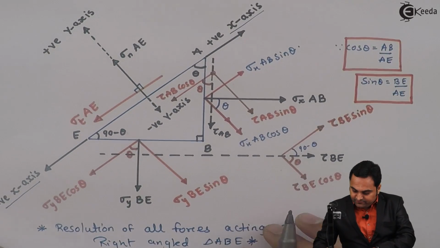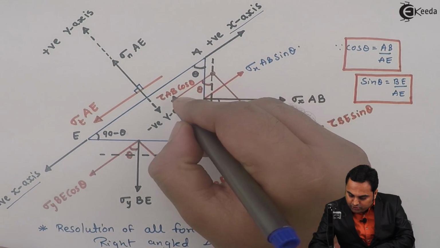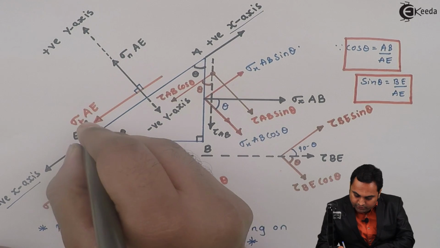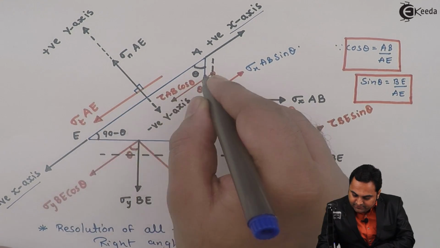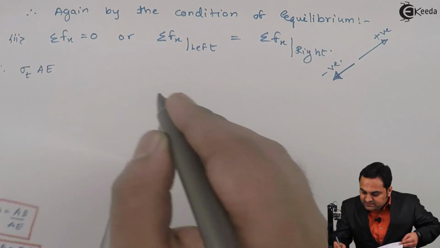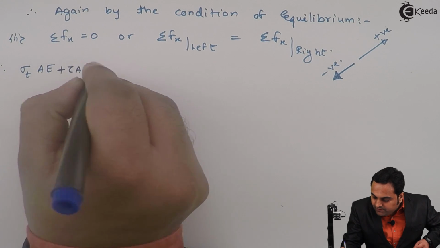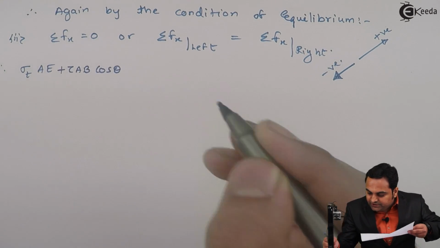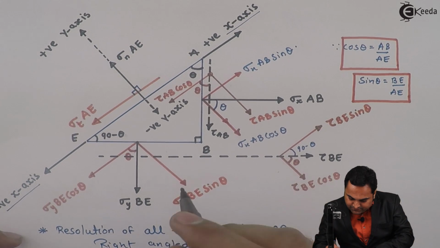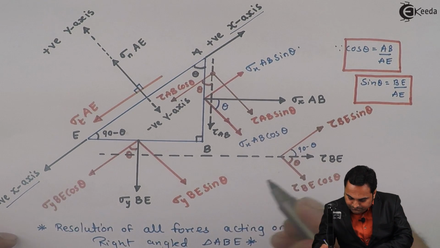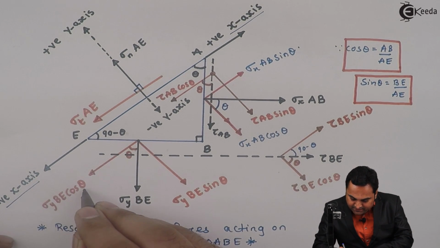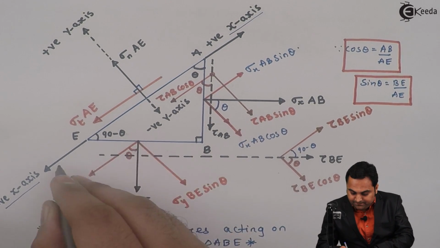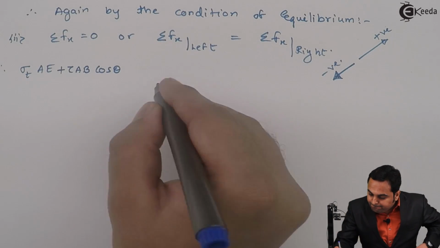then here we have tau AB cos theta, that is also acting along sigma t AE, their directions are same, so plus tau AB cos theta. Next we have sigma y BE cos theta acting parallel and downward.